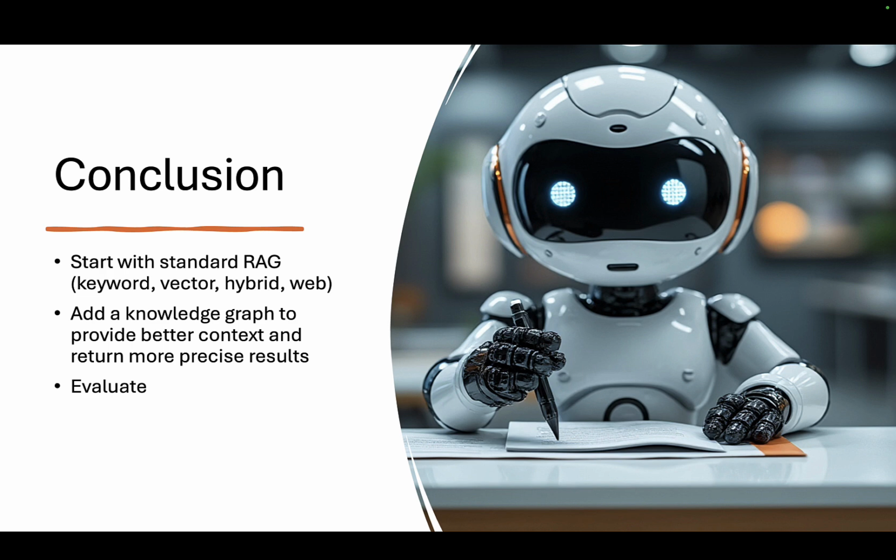And as always with LLMs, it's very important to evaluate the approaches. We have seen, for example, implementations where simple knowledge graph approaches are not necessarily better than standard RAG. So you always have to evaluate with some evaluation framework to see what works best, what gives you the better answers, what scores best.